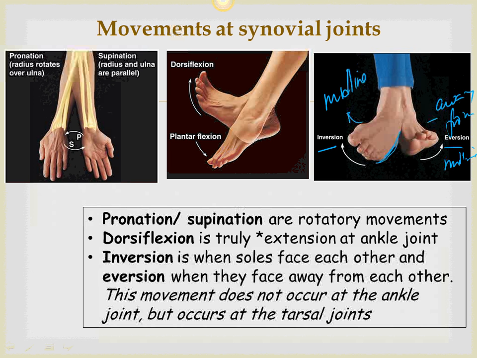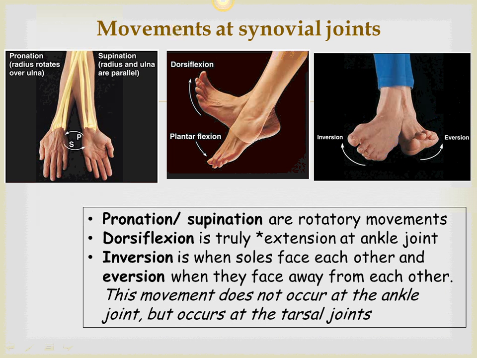And it does not occur at the ankle joint, because the ankle is a hinge joint, which only allows one kind of movement. This occurs at the tarsal joints. So why is it that when you break your ankle, you lose some of that ability to turn your foot in and out? Well, when you damage your ankle, the injury is not only limited to the ankle.